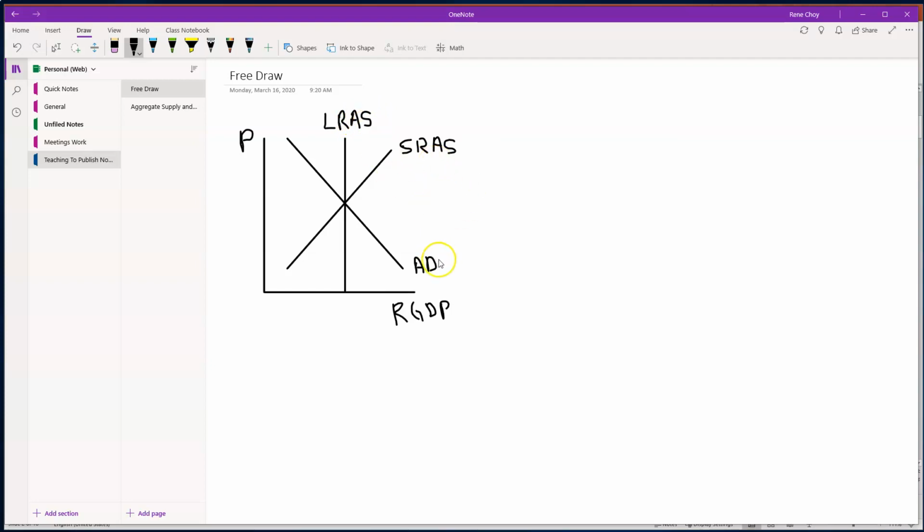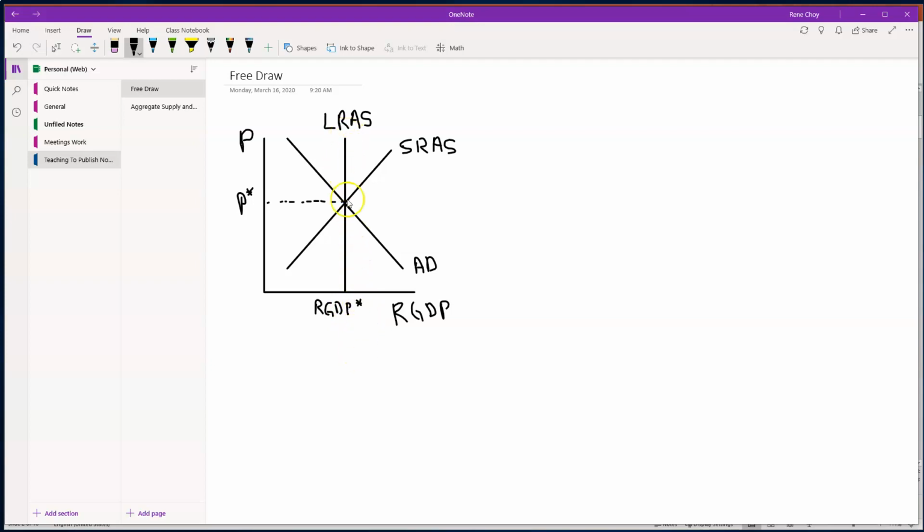Now the two short run lines are going to determine equilibrium prices in the short run, which we're going to call P star. And they're going to determine also real GDP in the short run, which again we're going to call real GDP star.